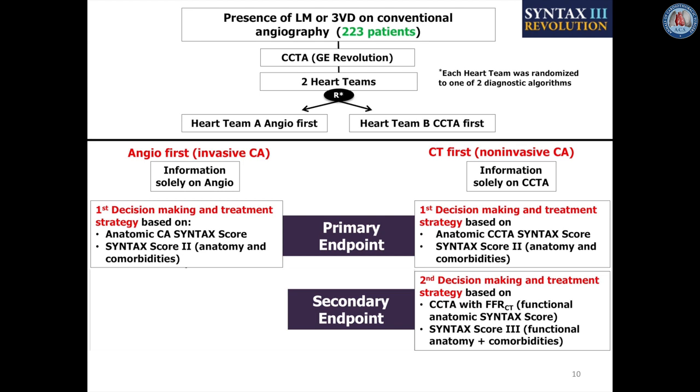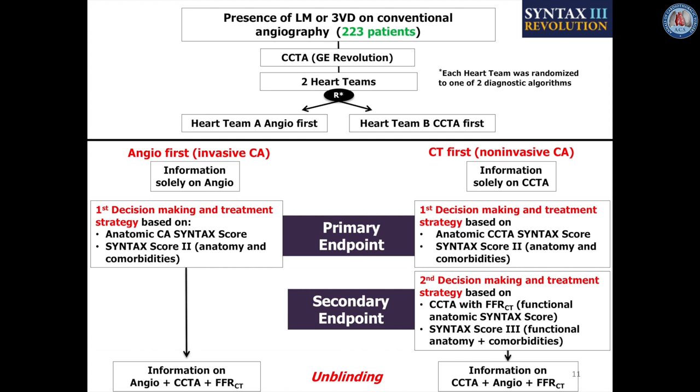We call that the functional anatomic Syntax score. So that heart team B finally had the anatomy, the physiology, and the comorbidities, and that was the second level of decision making.